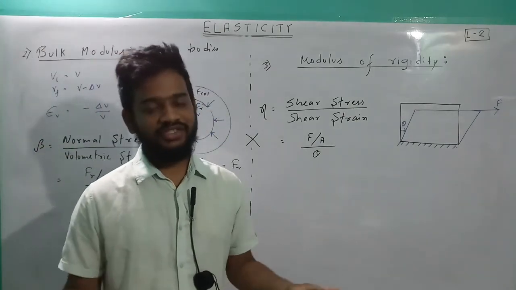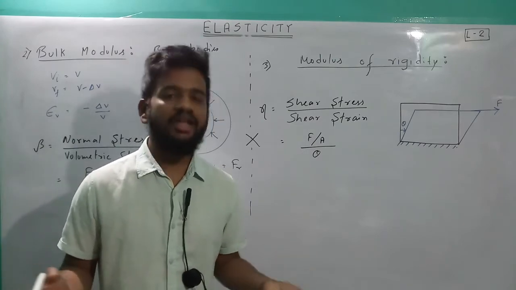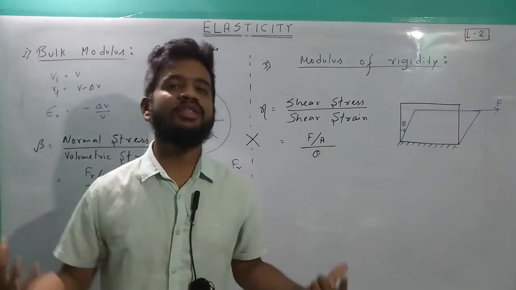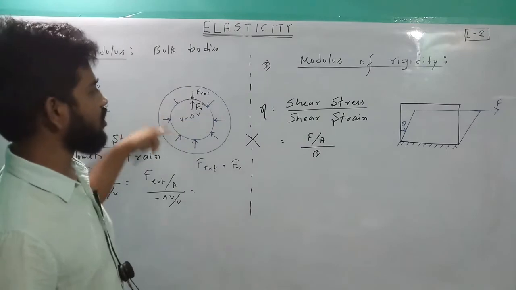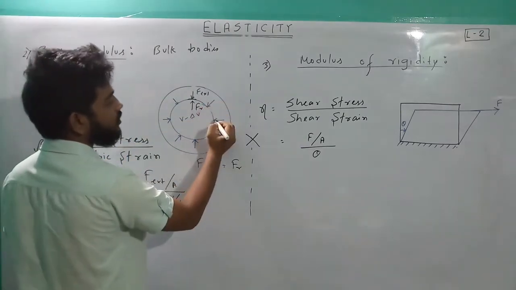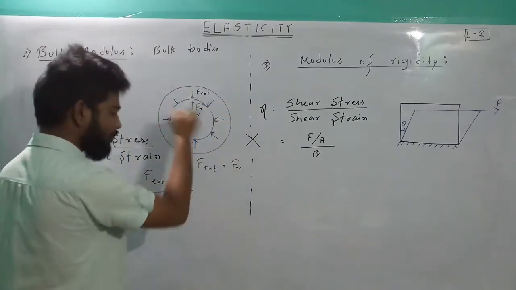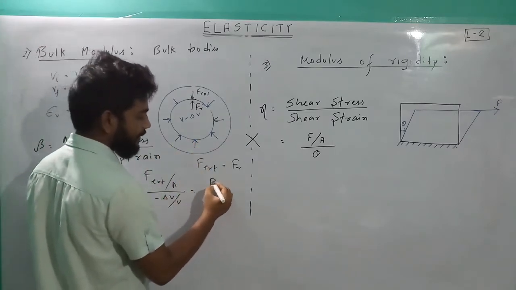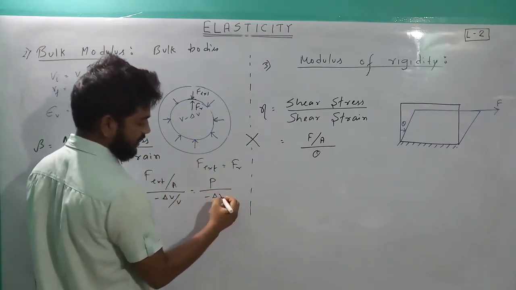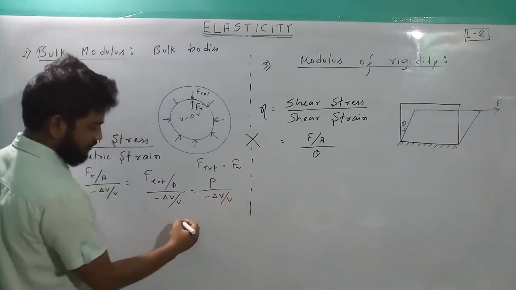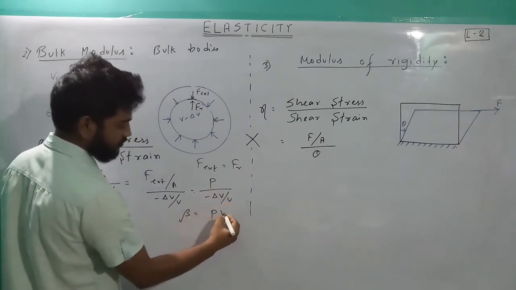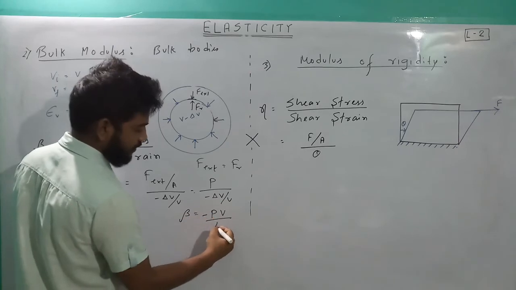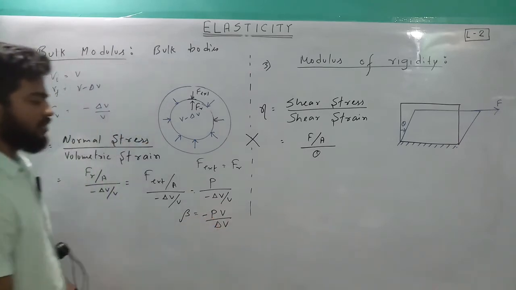I hope you all know what pressure is. Pressure is force per unit area, where the force acts perpendicular to the surface. All these forces are acting perpendicular to the surface. So external force divided by total area will give us pressure applied by minus delta V by V, or in simple terms it can be written as minus PV by delta V. I hope this part is clear.